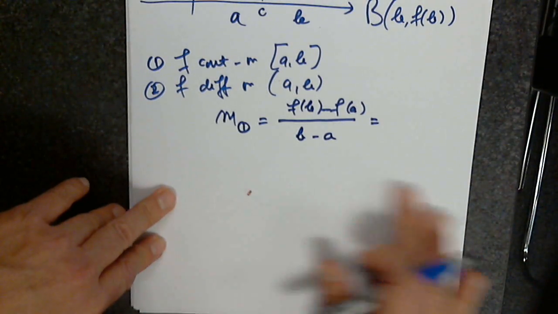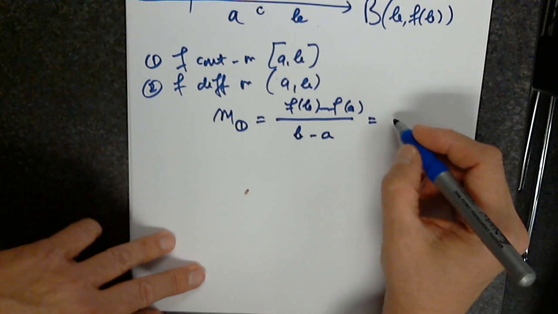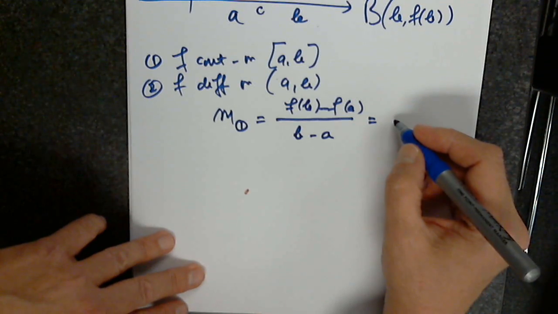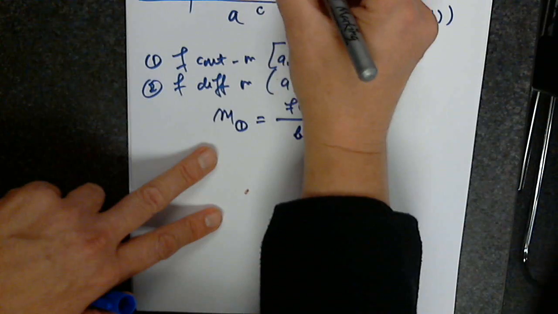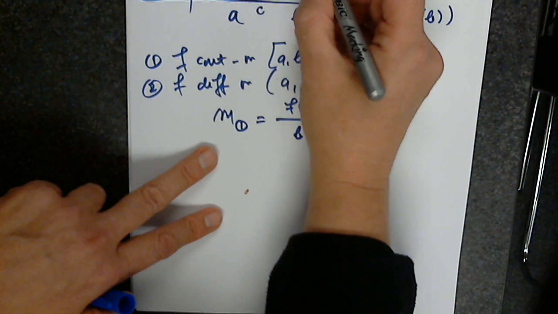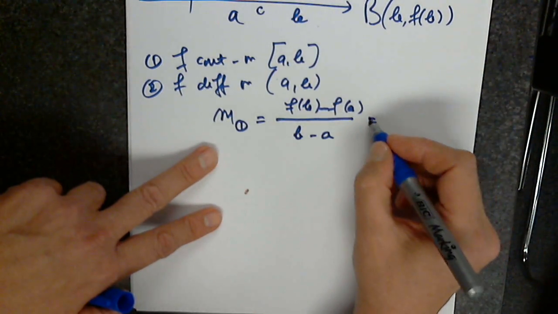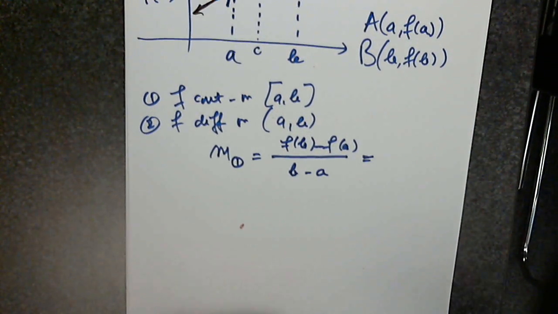Also, this is also the same with c. Well, you're talking about the line. I'm talking about the slope. The slope of this line is the slope of this line. That's why we used f of b minus f of a over b minus a, but there is another way of determining the slope of line 1.